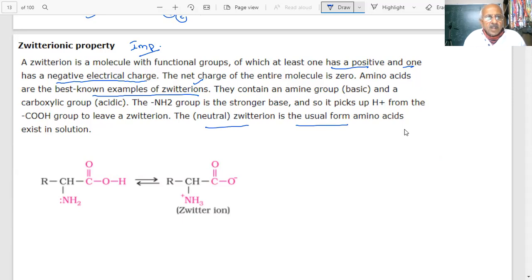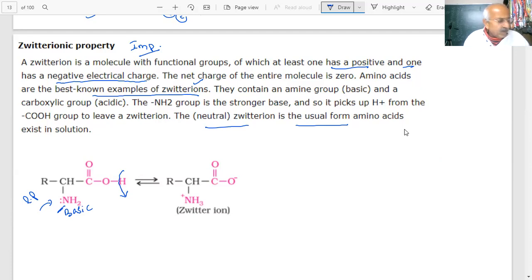What do you see? This is basic, students, you can see the lone pair, and this group is acidic, H plus. This will leave and then it will get attached to this. So what you get is a negative and positive ion. You can see the negative and positive ion.